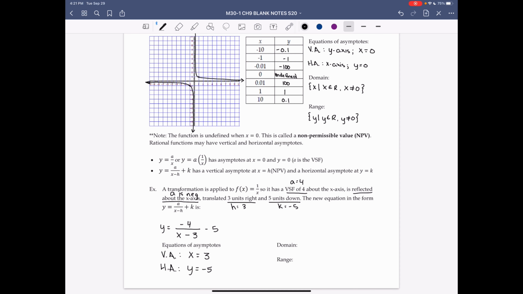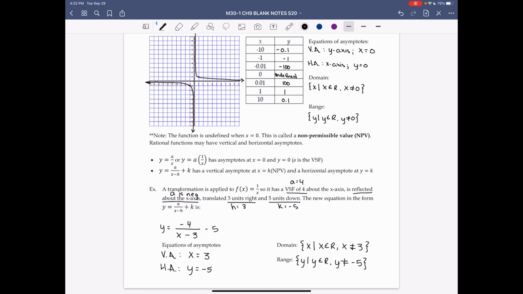Our domain then would be x such that x is all real numbers except x cannot be 3. And our range would be y such that y is all real numbers except y cannot be negative 5.